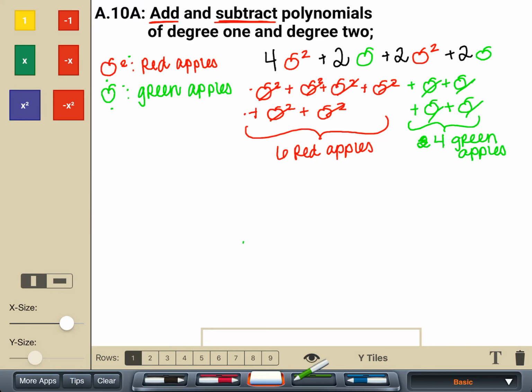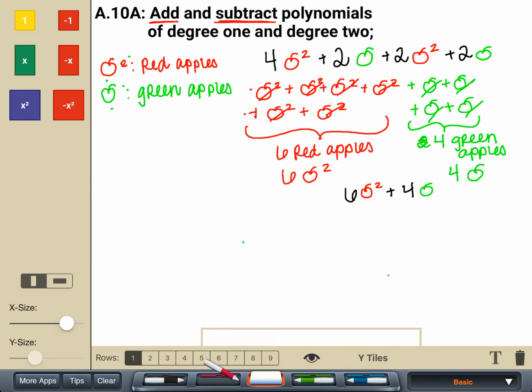So how else can we represent 6 red apples? We can also represent it as 6 apples squared, right? And the same thing with 4 green apples. We can represent this as 4 apple. So as a new expression, this now can be written as 6 apples squared plus 4 apple.